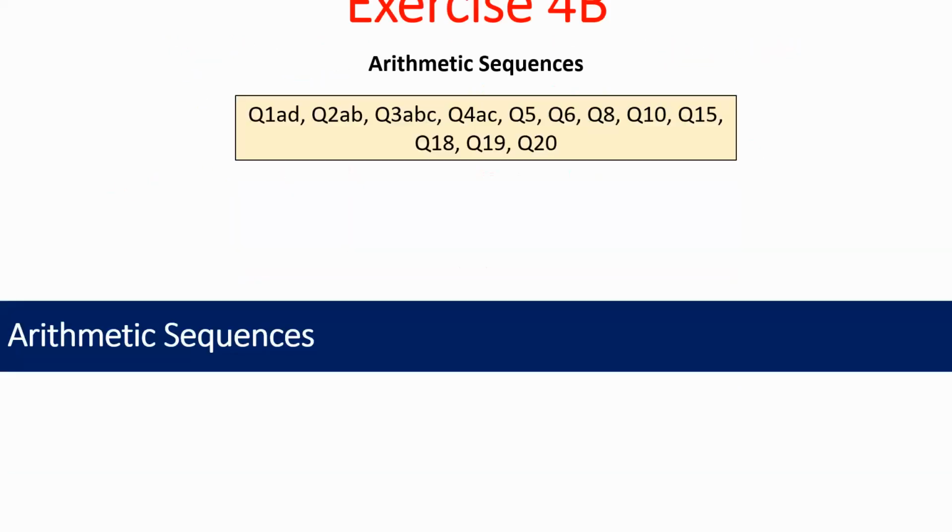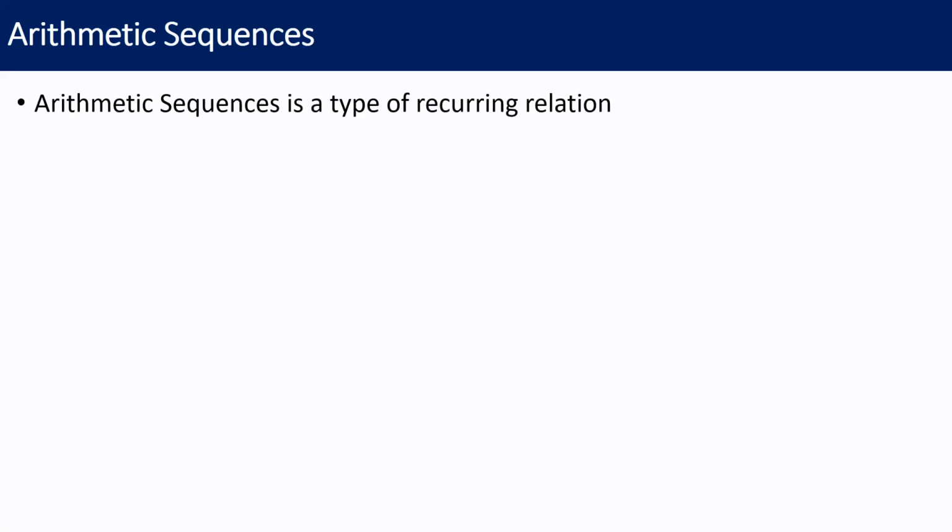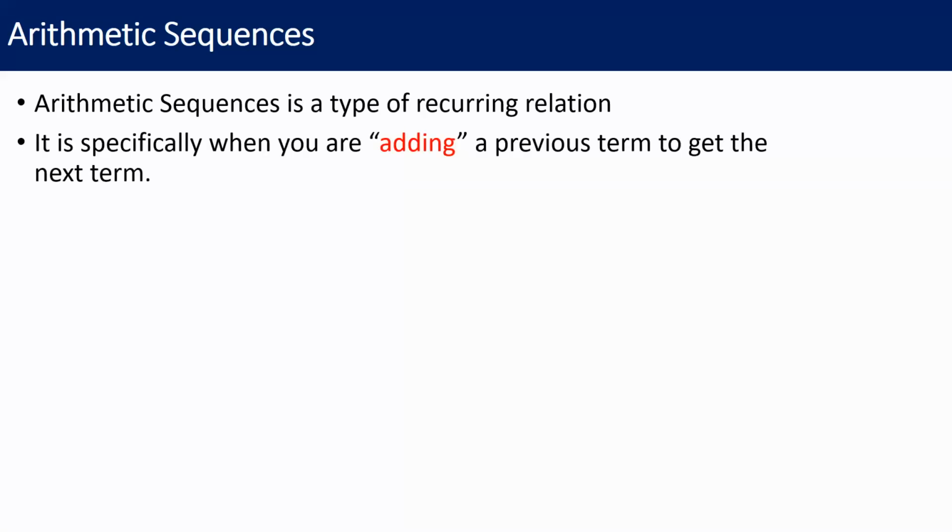So, let's look at the definition. Arithmetic sequence is a type of recurring relation. It is specifically when you are adding a previous term to get the next term. Any sequence that is a recurring sequence where you're adding. So you can add a -2. You can add a 3. You can add a 1.